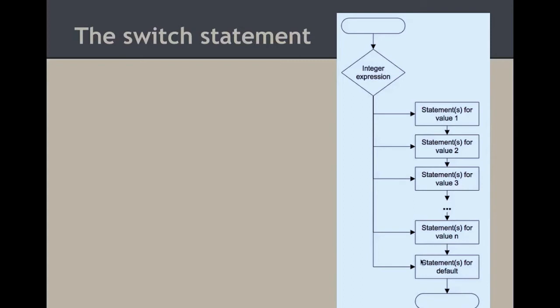Then at the end we'll have some none of the above code that lets us do something else if they didn't use any of the first n values. Okay, so it's a multiple choice decision. We put an integer expression in the switch statement and have cases for each of the values. Now the flowchart for this really doesn't do it justice, so instead we need to look at the syntax for the switch statement.